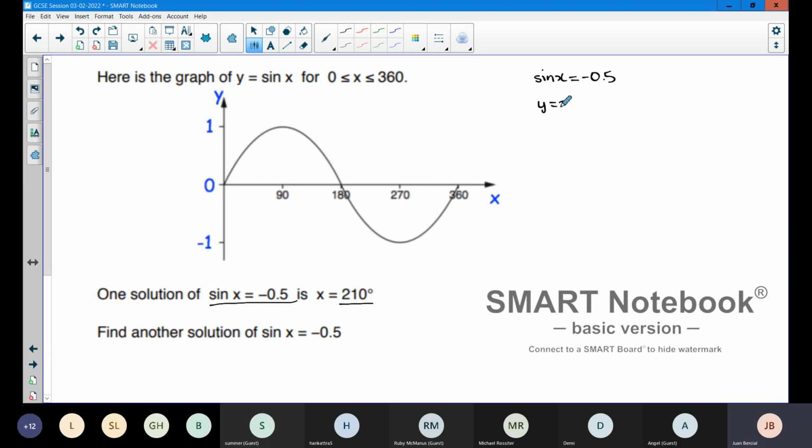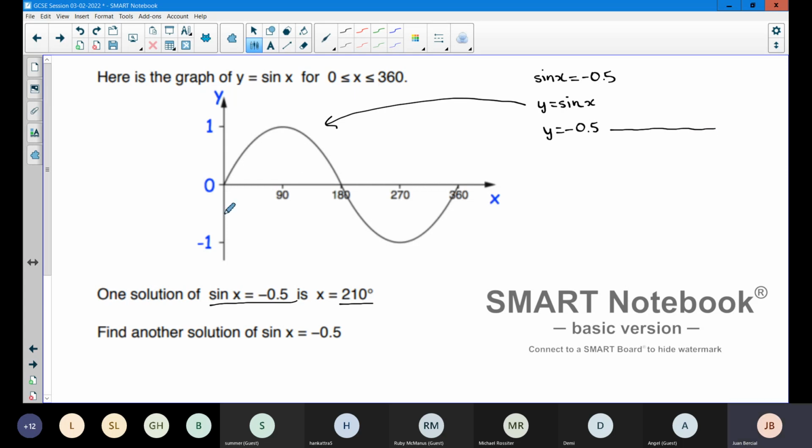it's the same as finding the intersection of y equals sine x and y equals minus 0.5. So if you remember doing simultaneous equations, what you do is you put the y's equal to each other. So of course, this is the graph of sine of x, but what is the graph of y equals minus 0.5? This means that y is always minus 0.5, so it's a horizontal line because it never changes.